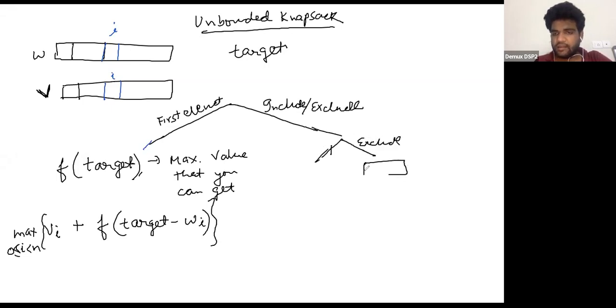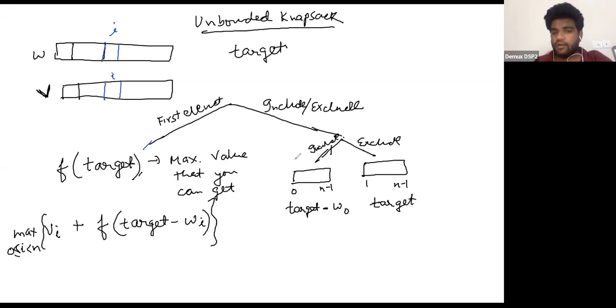If you choose to exclude it altogether, then you are left with objects 1 to n minus 1, and you have a target to fulfill. So whatever maximum value you can get from these clothes such that their weights sum up to a value less than or equal to target, that will be the answer, right? And if you choose to include it at least once, then you again have 0 to n minus 1, all these clothes, and you now have a target minus W0.